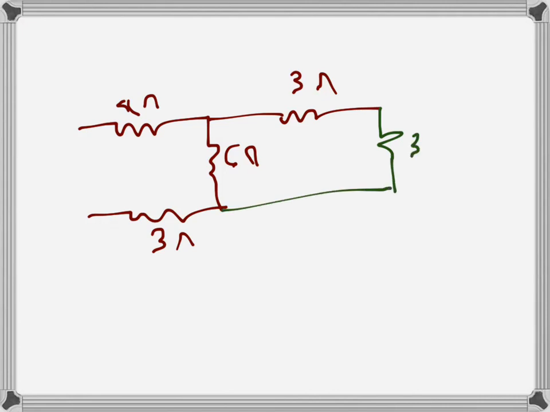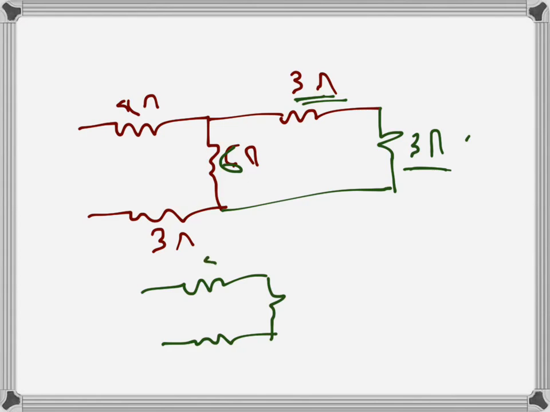This is the parallel equivalent, 3 ohms. These two are again in series, 3 and 3, so that will become 6. This part remains the same, 4 ohms, 6 ohms, 3 ohms.